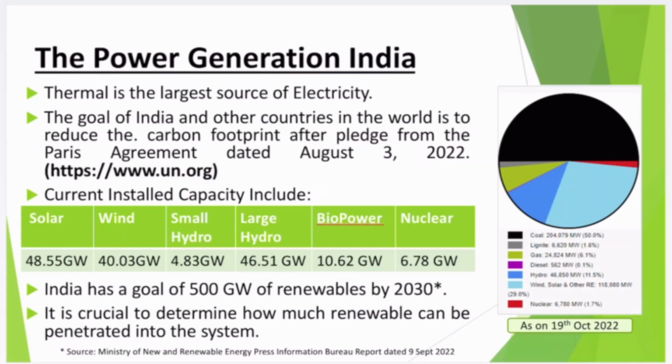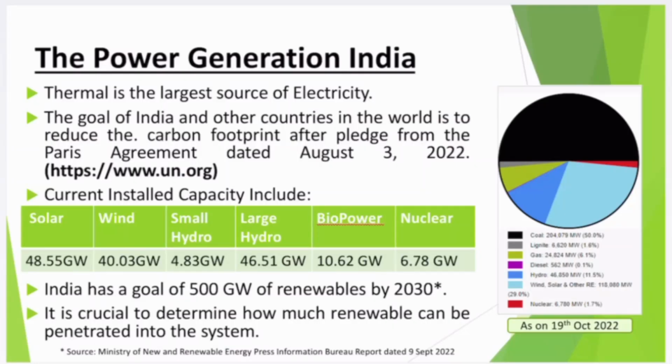Now, if you see the current installed capacity, we have almost 48, that is close to 50 gigawatt of solar, 40 gigawatt of wind, 5 gigawatt of small hydro, approximately 45 gigawatt of large hydro, 10 gigawatt of biopower and close to 7 gigawatt of.